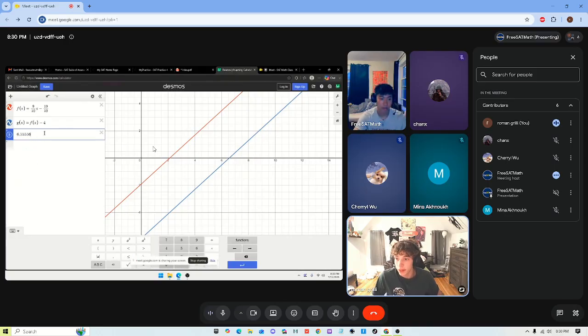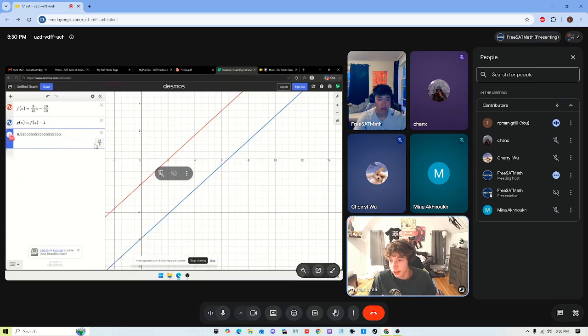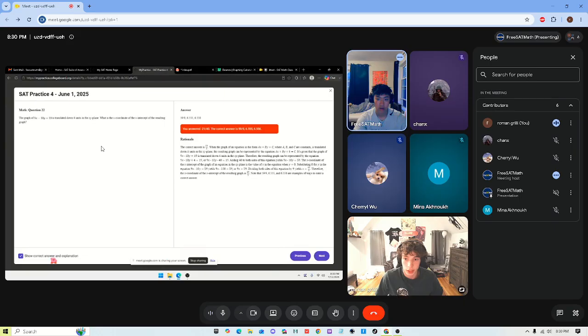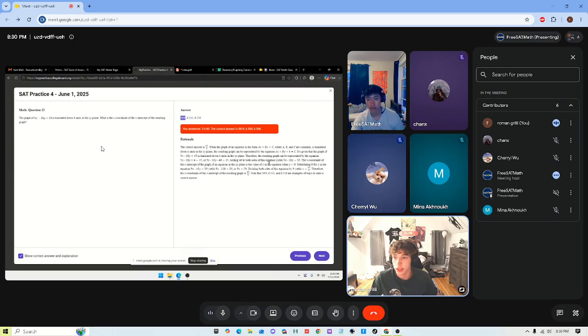Keep typing 5s until it gives you a fraction. And then when it gives you the fraction, that's your simplified answer. So if you ever get a repeating decimal and you're scared you're going to put it in wrong, just remember to put it into Desmos. It'll give you a fraction, then you know for sure that's the right answer.